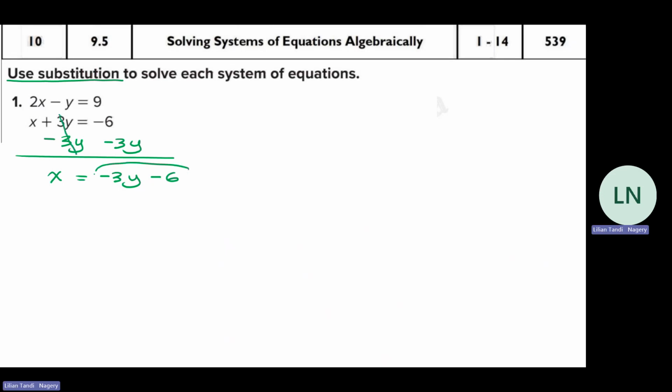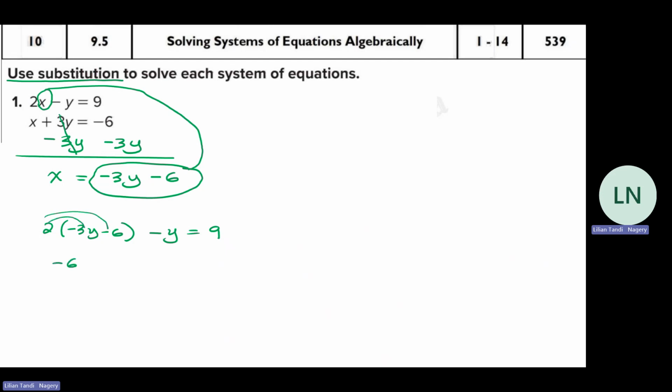So this part, I will take it and put it over here. So I will have 2(negative 3y minus 6) minus y equals 9. Then I'll do distributive property. Negative 6y minus 12 minus y gives me 9.